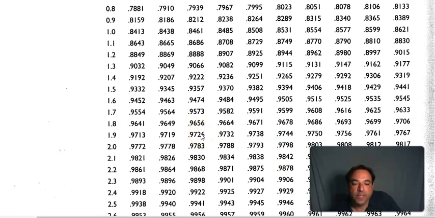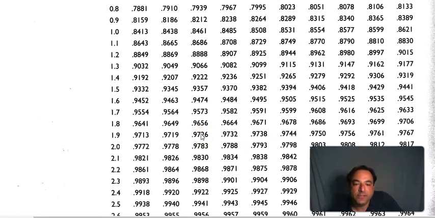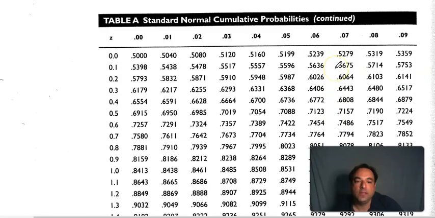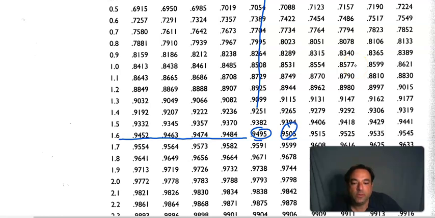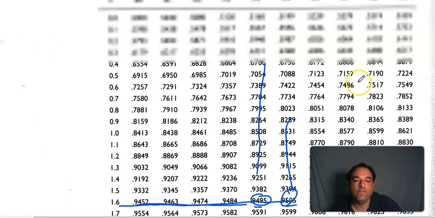And the closest to 0.95 would probably be between these two. Either one is appropriate, or we can actually find out what's between them. So let's say we pick this one and we get 1.64, or we can do this one, which is 1.65.